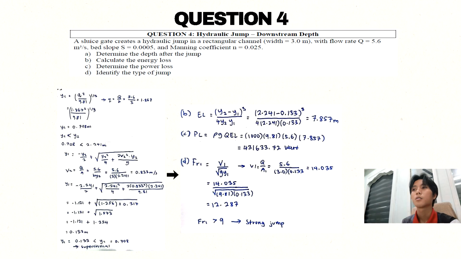So the q will be 1.867. So putting the value in the formula, we will get yc equals 0.708 meters. So we can conclude that yc is lower than the depth after the jump, or y2.